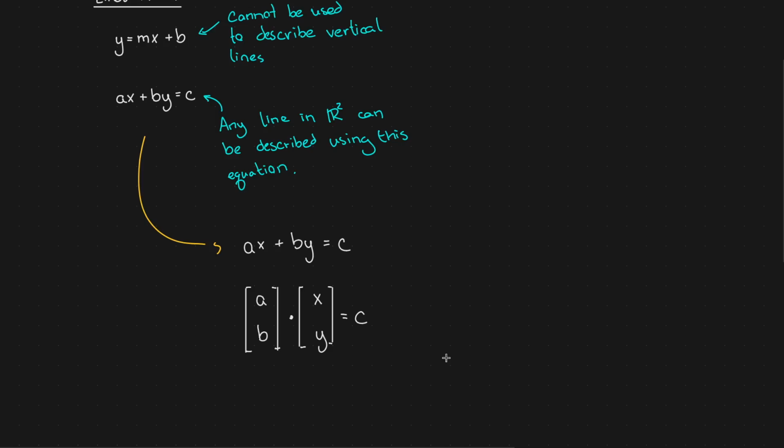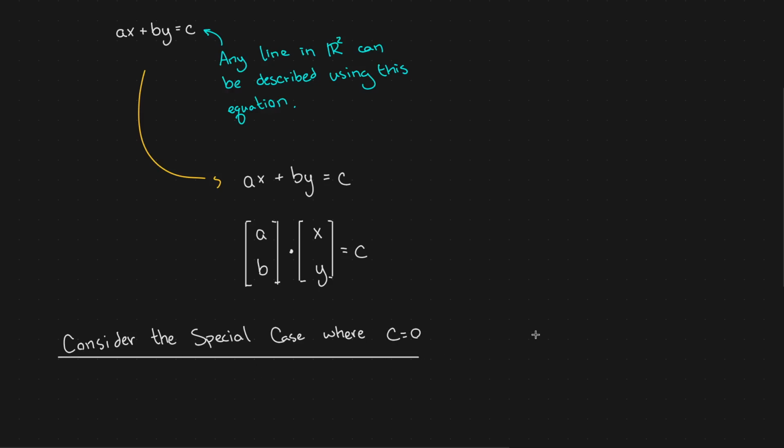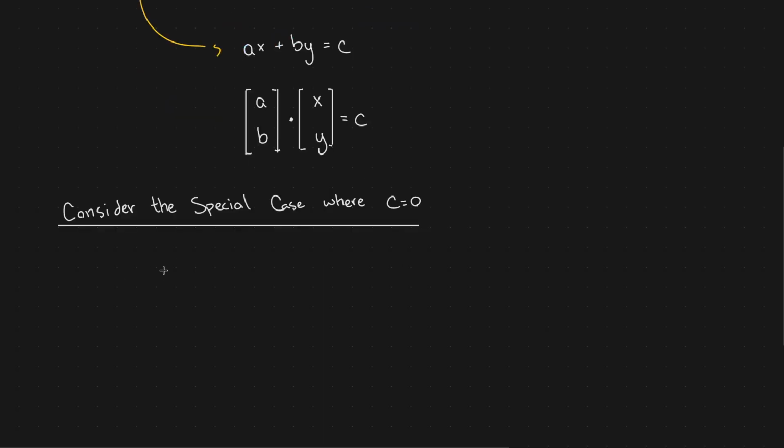So I want to look at a simple case first where c is 0. So let's consider the special case where c equals 0. So in that special case, we have ax plus by equals 0.